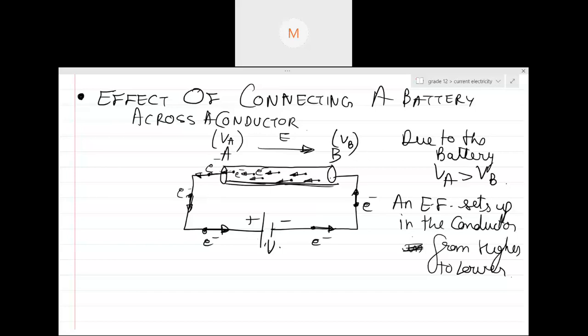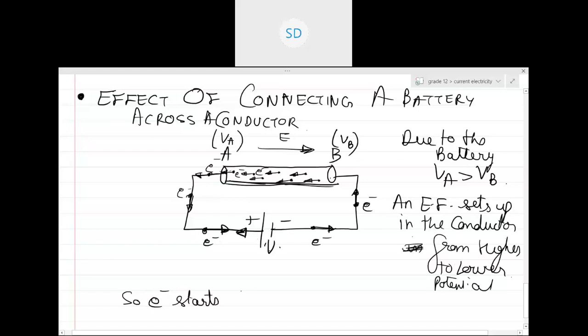So this was the thing, and there was a guy who basically studied all this, and he found out, let me write it completely. An electric field set up from higher to lower potential. So electrons start moving.